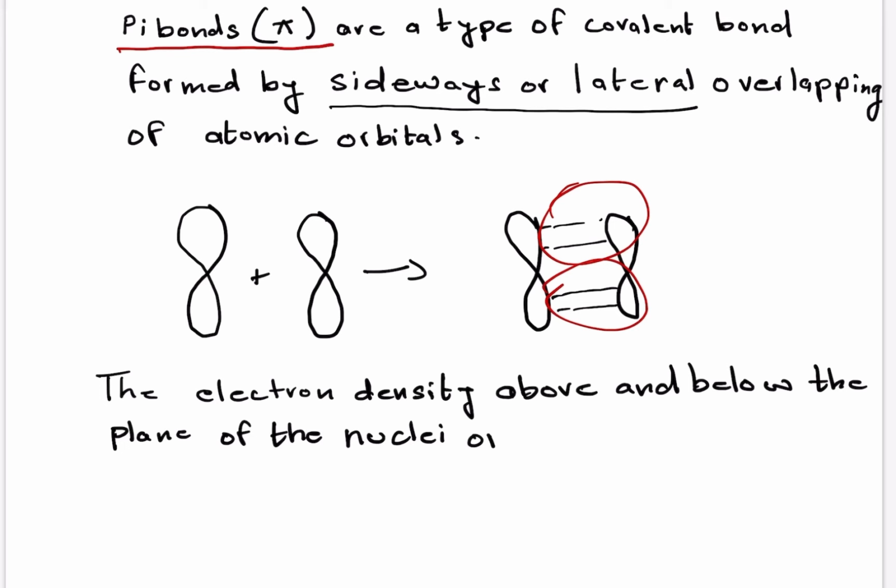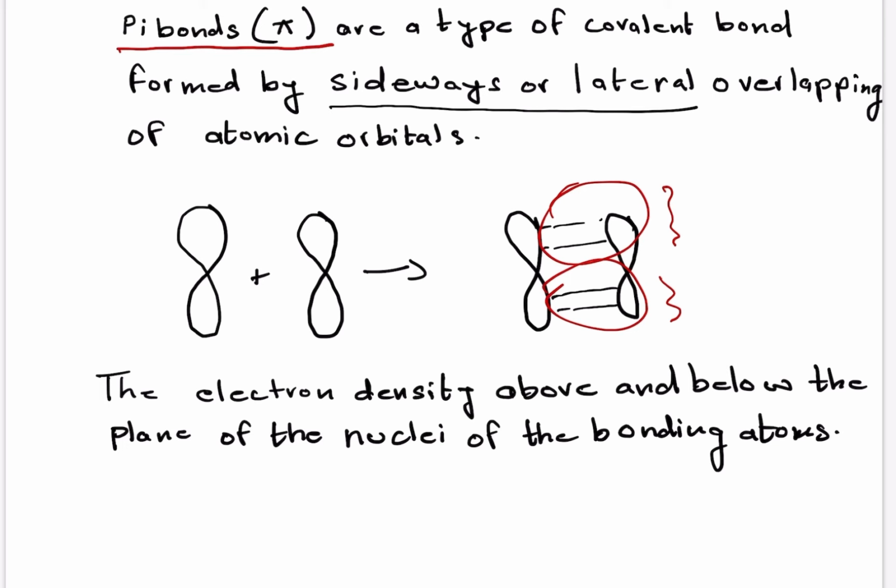of the nuclei of the bonding atoms. So here we can see very clearly that the electron density is above and below the plane of the nuclei of the bonding atoms. I hope this is clear to you.